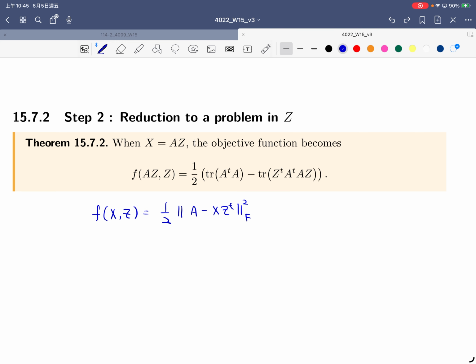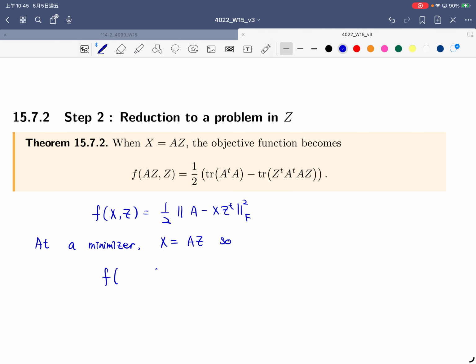And now I know that at a minimizer, according to the theorem we proved just now, x must be AZ.